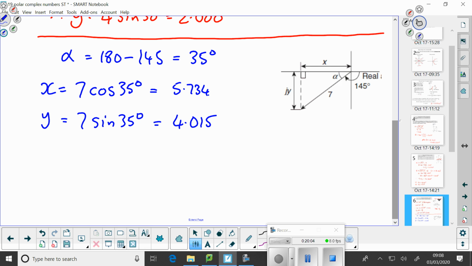What did you just say, Macaulay? I know what you said. You said 5.734 plus 4.015j. It is wrong. What's wrong with it? You tell me.